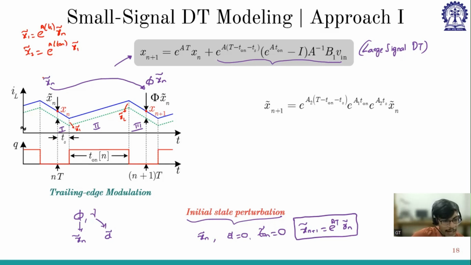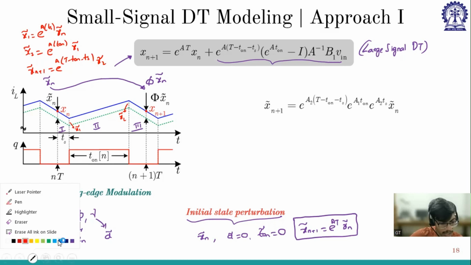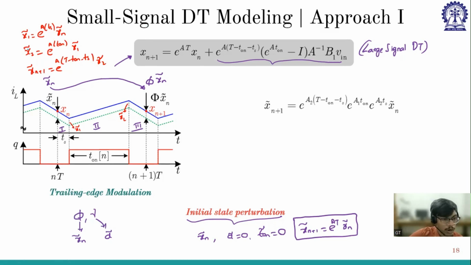Now xn plus 1 perturb is what? xn plus 1 perturb is whatever time is left, e to the power A times (Ts minus t on), into x2 perturb. So now I back substitute, just like what I did in the large signal model: substitute x1 here and x2 here, and we will get the final expression.